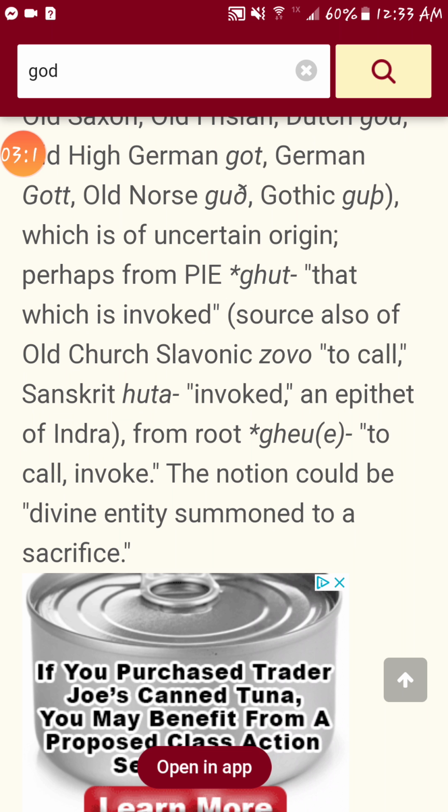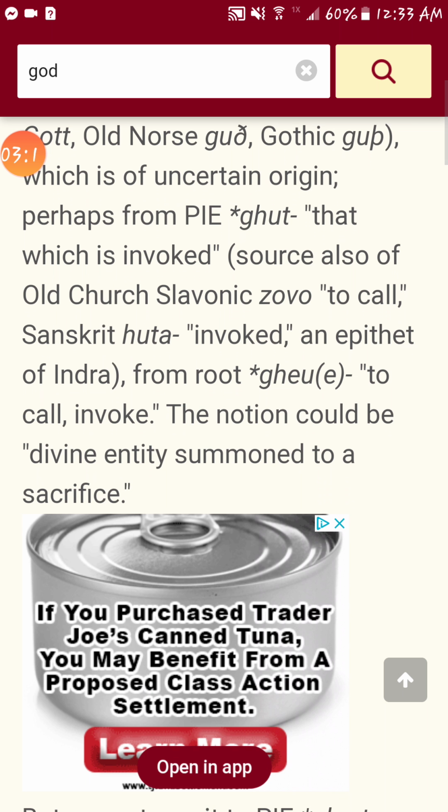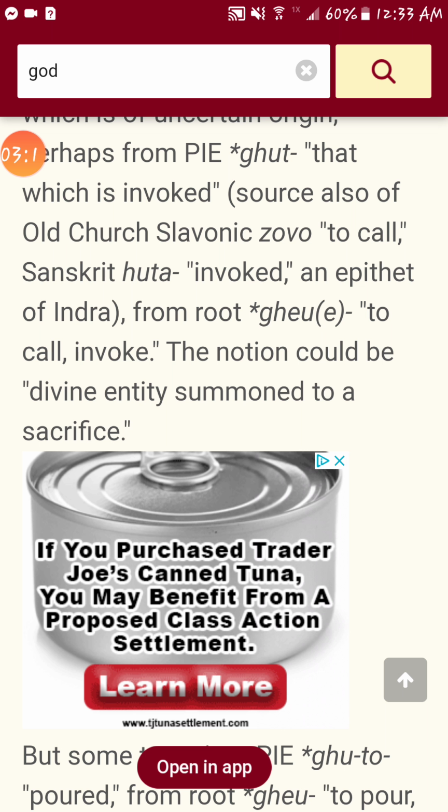The notion could be divine entities summoned to a sacrifice. So when someone would God, they would call and invoke a divine entity. See how that becomes a noun, a divine entity summoned to a sacrifice.